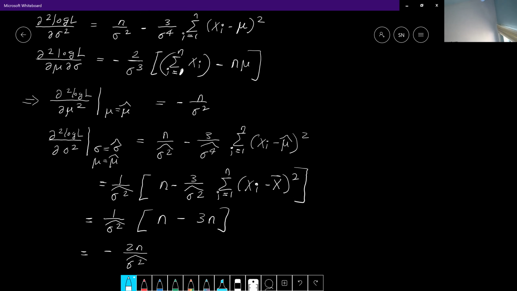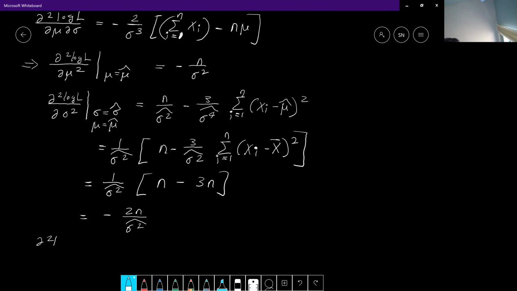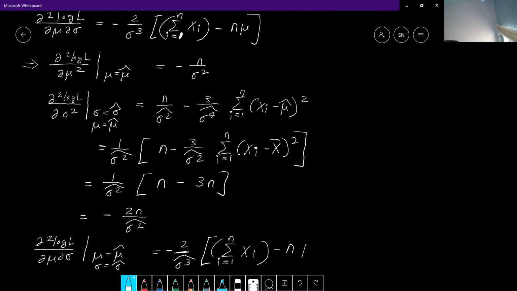Now finally the mixed derivative, which is this one, the mixed derivative at mu equal to mu hat and sigma equal to sigma hat, is going to be minus 2 divided by sigma hat cubed times the sum of xi minus n mu hat.